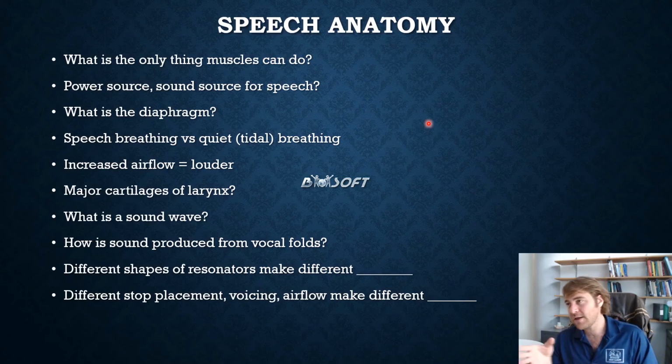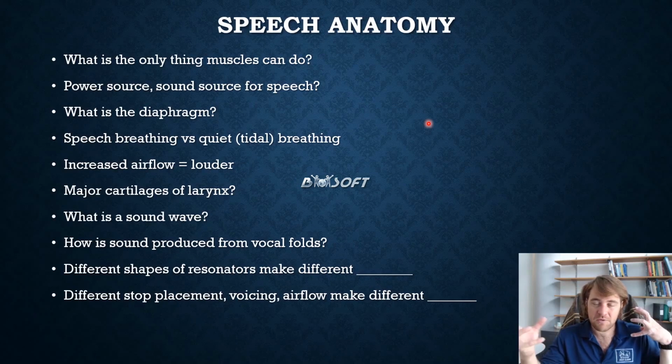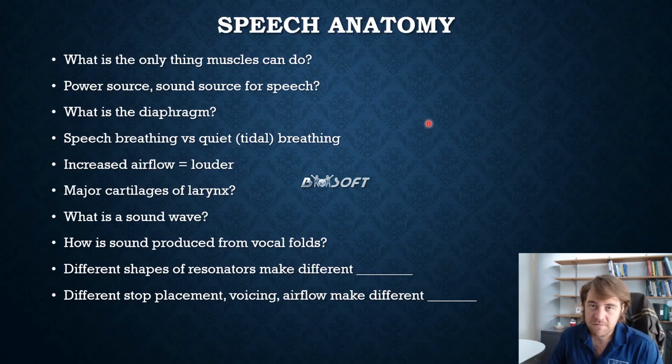It's an unregulated source at that point. You need to use the resonators and the articulators to mold it into an actually recognizable speech sound. But the main raw things are power source, sound source, breathing, vocal folds. The diaphragm is the main breathing muscle.